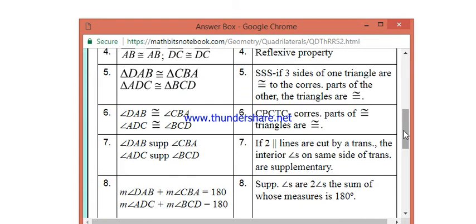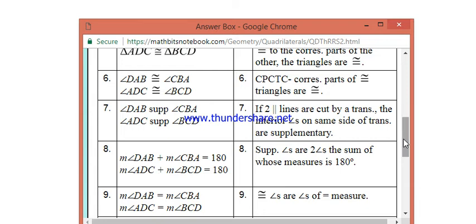For number 5, triangle DAB is congruent to triangle CBA, triangle ADC is congruent to triangle BCD. SSS is the reason. If three sides of one triangle are congruent to the corresponding parts of the other, the triangles are congruent.